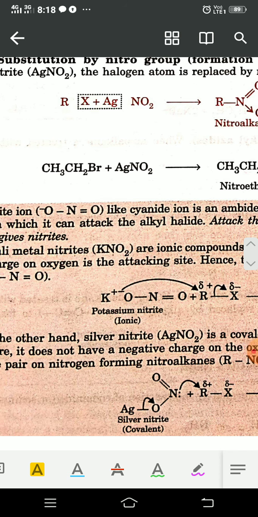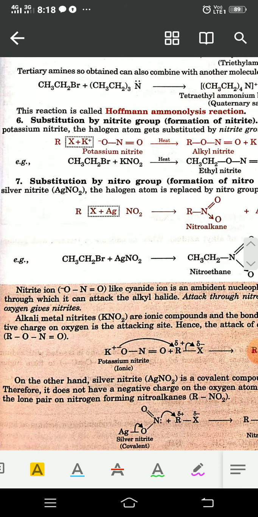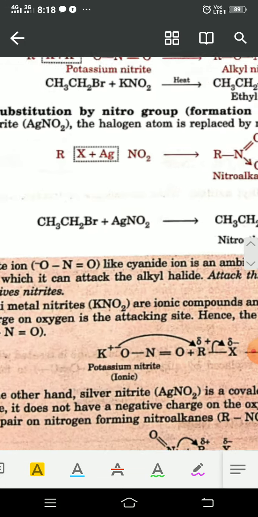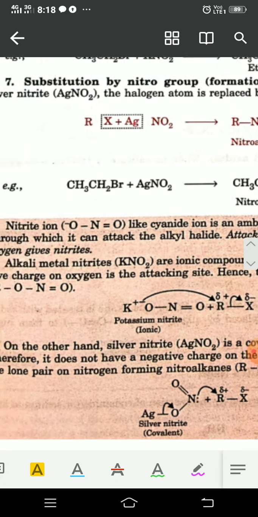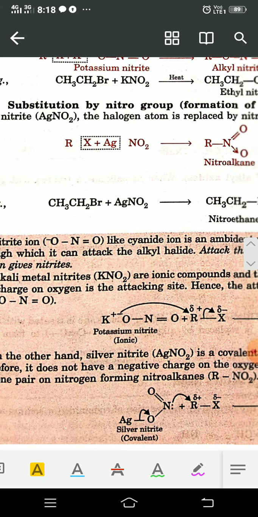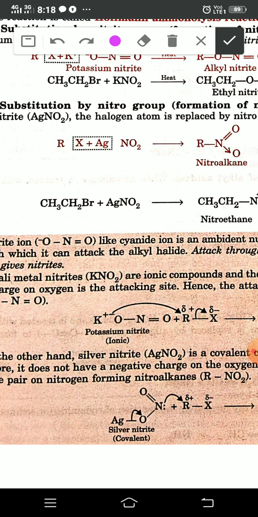The very important thing that I am going to teach you during this nucleophilic substitution reaction is that nitrite and cyanide are ambident nucleophiles, because they can attach with the carbon atom having the halogen atom either through oxygen atom or through nitrogen atom in the case of nitrite.